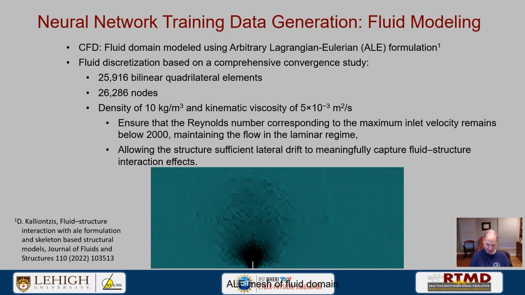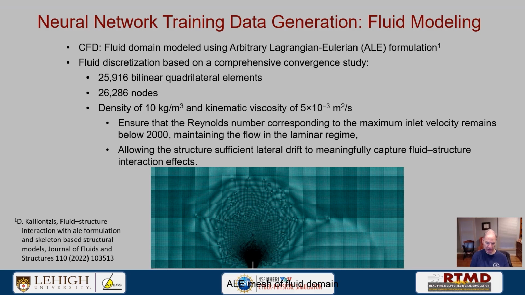This is an actual one used to generate the training data. Shown above are some of the details of that. We actually use the arbitrary Lagrangian-Eulerian formulation, and we used a program developed by Professor Kaliintis from the University of Houston. Working with him, he's our colleague, we did the computational fluid dynamics and obtained the training data.